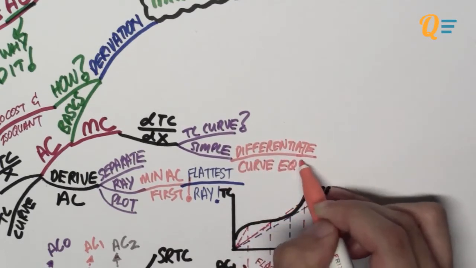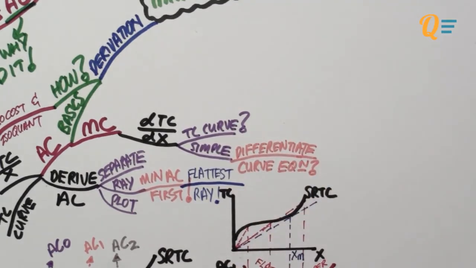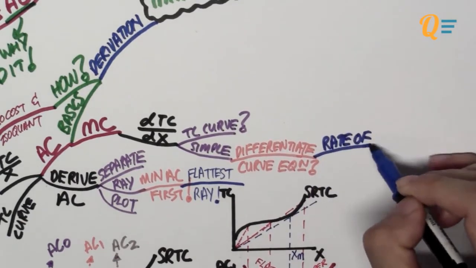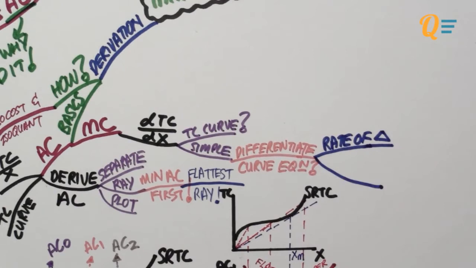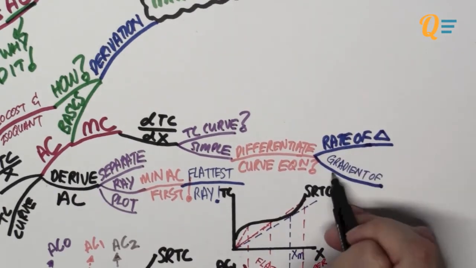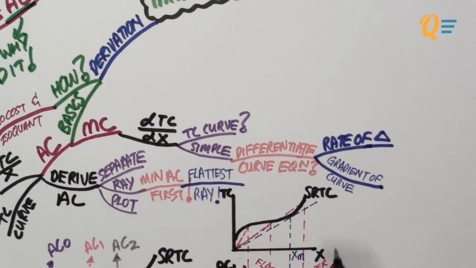Why? Well, that's because when you differentiate the curve, you are trying to find out what is the rate of change. So how do you find out the rate of change? Well, it is simply the gradient of the curve, because when you differentiate the curve, you're going to get this gradient, right?